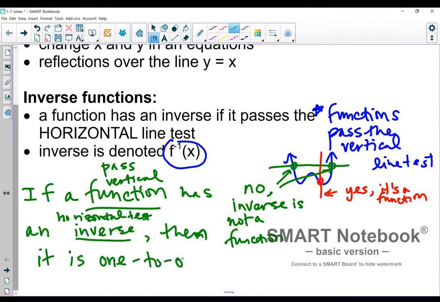So one-to-one functions are going to be really important as you do more in math. So that means for each x we have a y, and for each y we have an x. So kind of the definition of a function where each input has one output, forwards and backwards. So a one-to-one function. And those are the kinds of functions we like to work with.